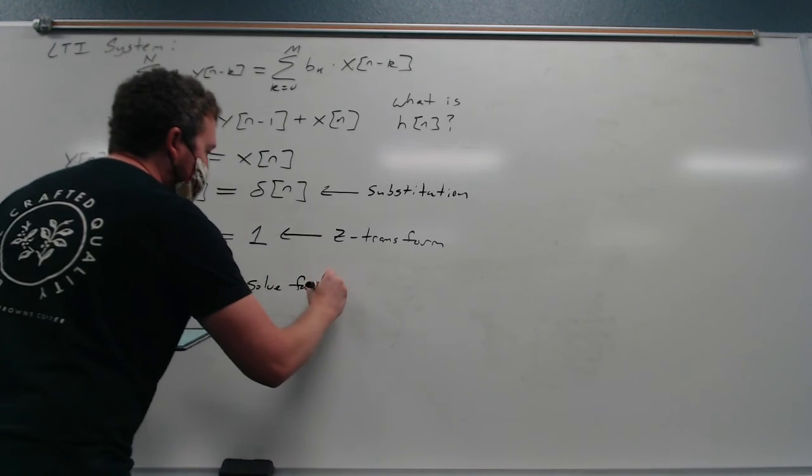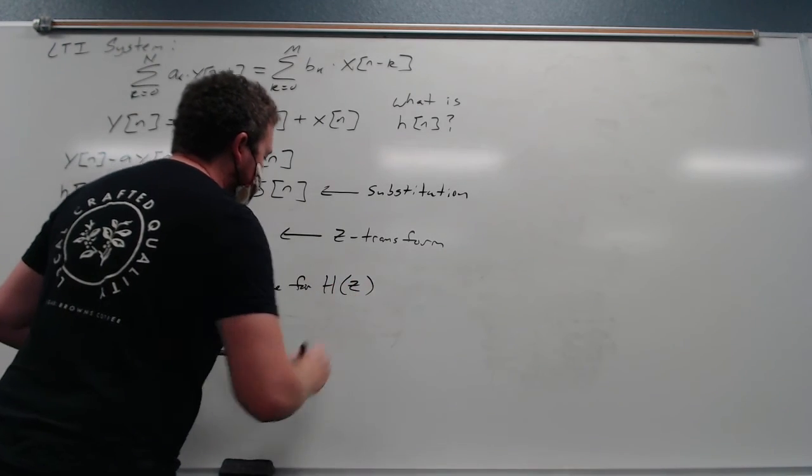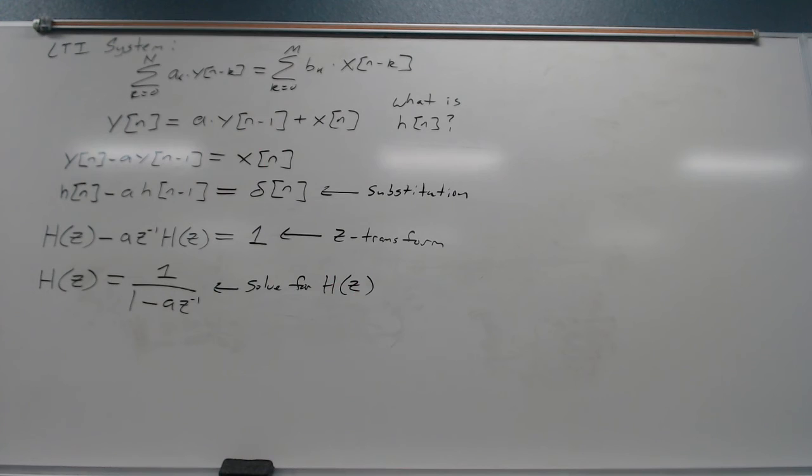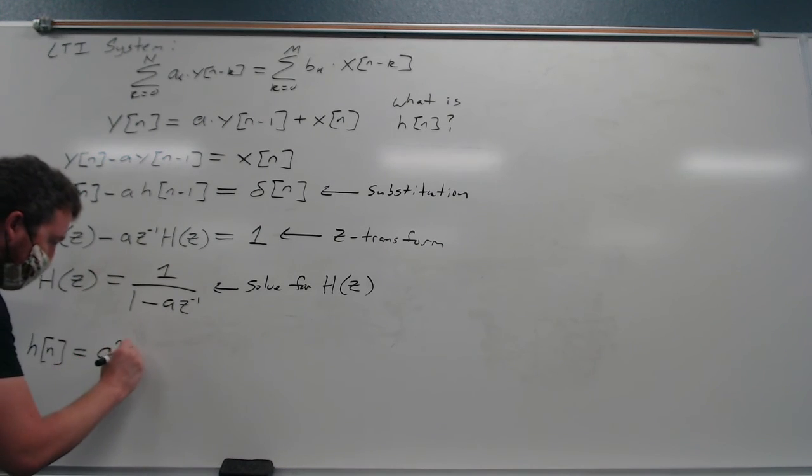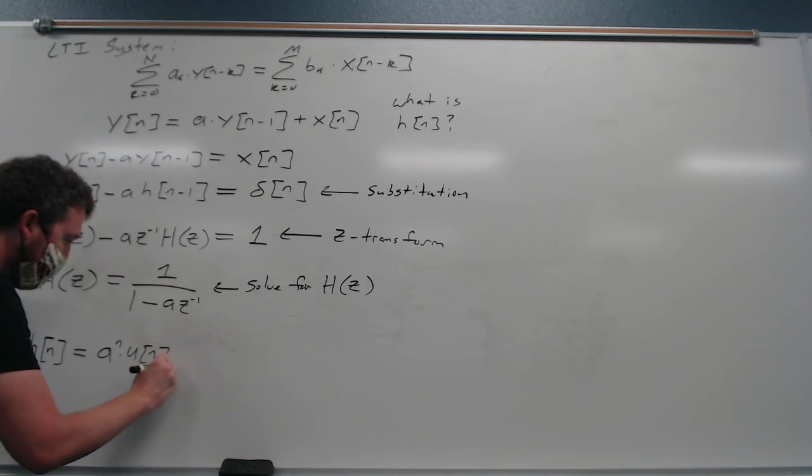And then finally, we take the inverse z transform. H of n. We can, of course, do this one by inspection because we've done this about 10 billion times now. That's just going to be our a to the n times u of n.